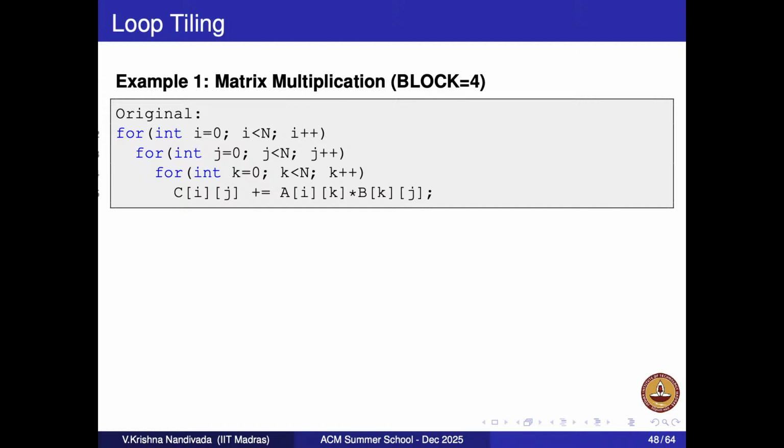What do you want to multiply? You want to do A11 times B11. Correct? This row with this column plus A12 times B21. Similarly, you want to multiply this row with the second column too. A11 times B12 plus A12 times B22 plus.